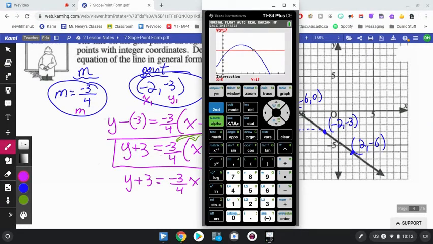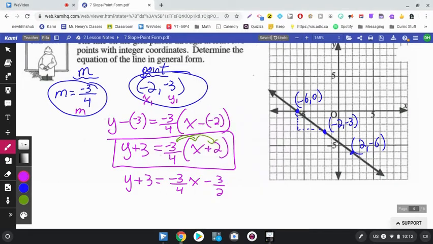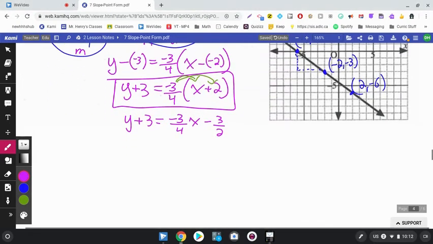Negative 3 divided by 4 times 2 is 1.5. Okay, negative 3/2.